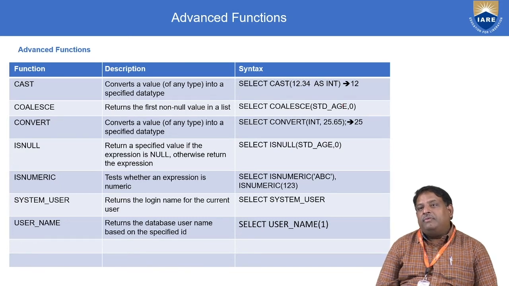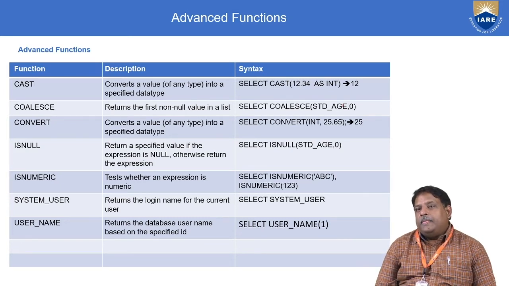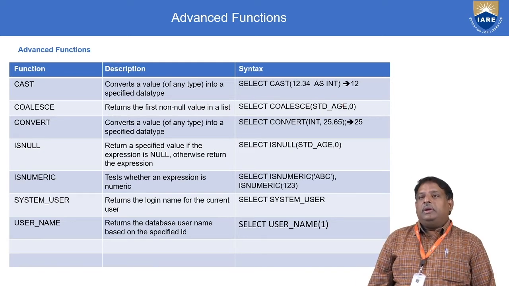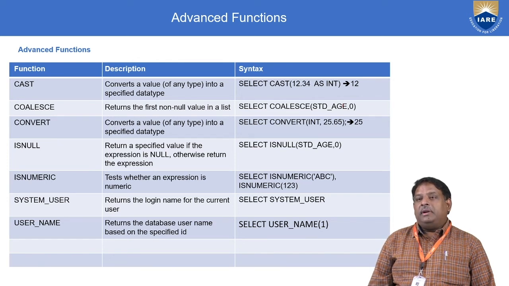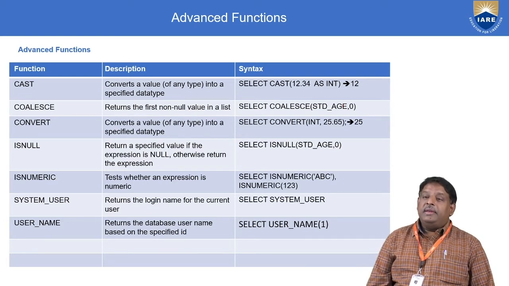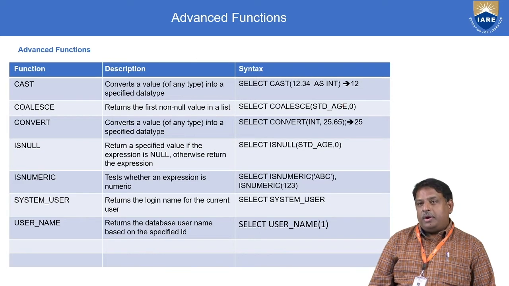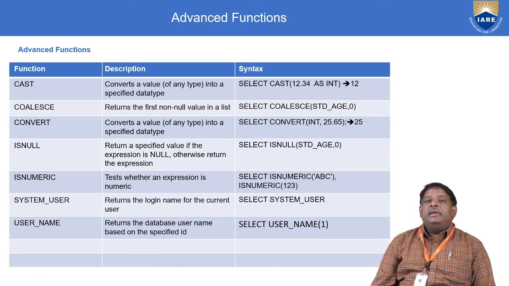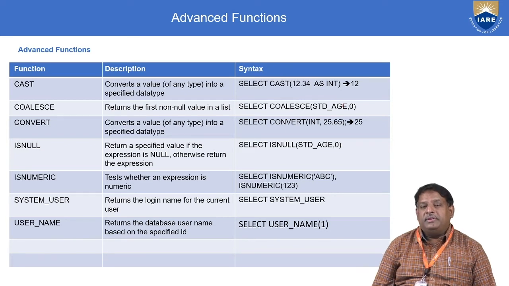When I say isNull of column comma 0, when it encounters a null value, it will convert it to 0 and show me. If there is a value of student age, it will give me the student age. When there is no value for student age, it will give me the default value mentioned in the isNull condition, which is 0. This is isNull. IsNull is similar to the coalesce function.